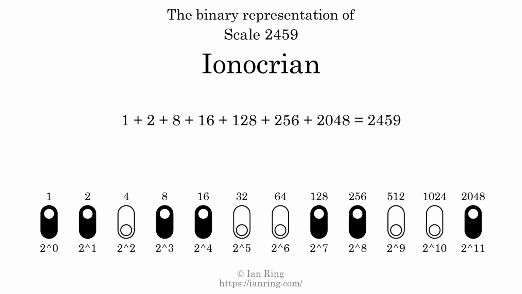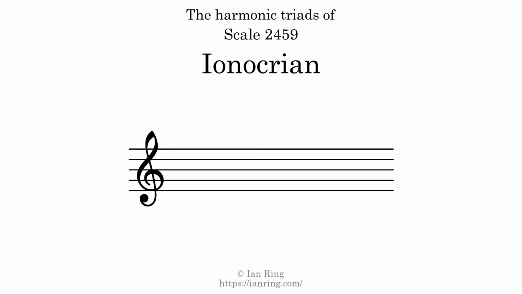That is why the scale number, in decimal, is 2459. The scale number not only enumerates the scale with a unique index, but it also literally describes the tonal content of the scale. Represented as a binary number in base 2, the scale number is 10011001111.